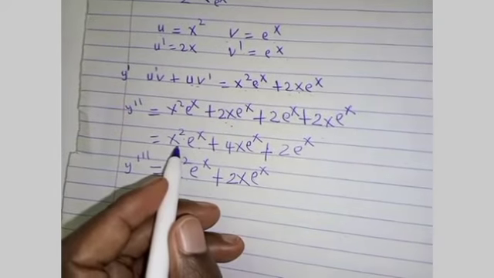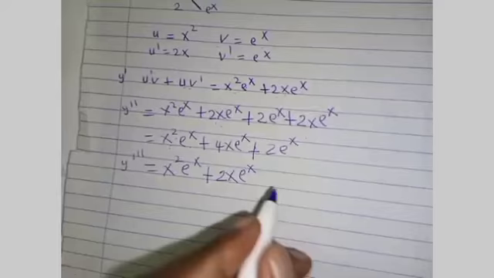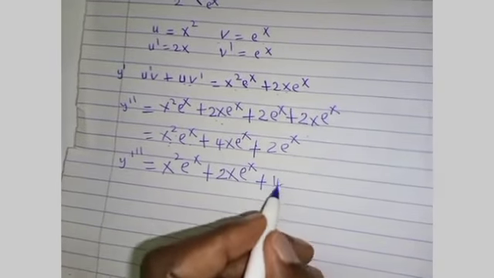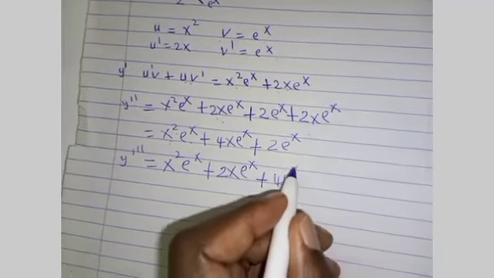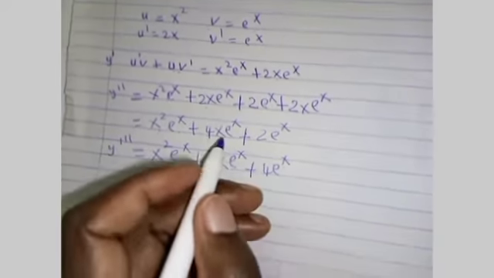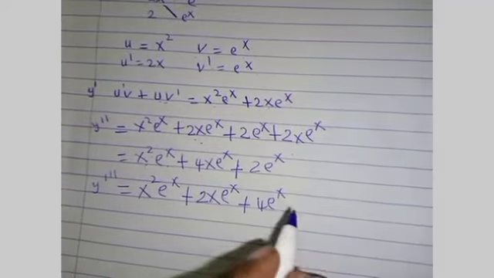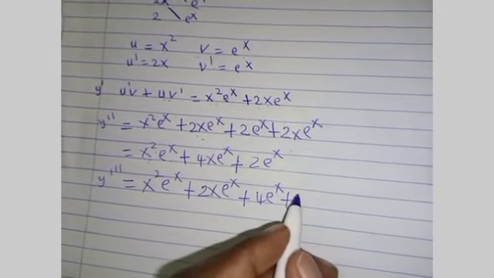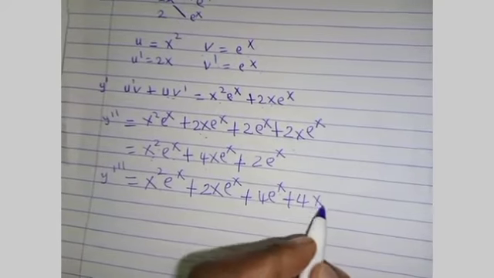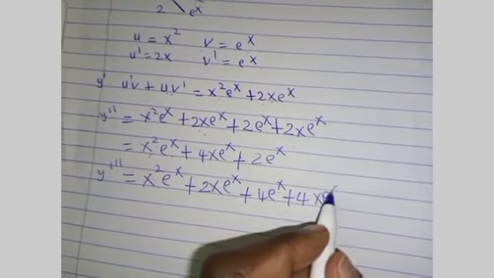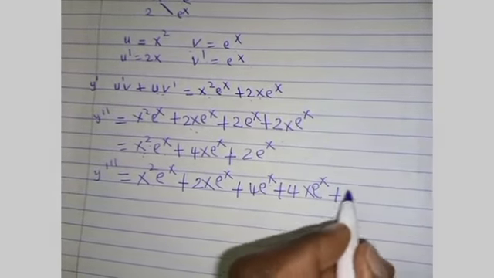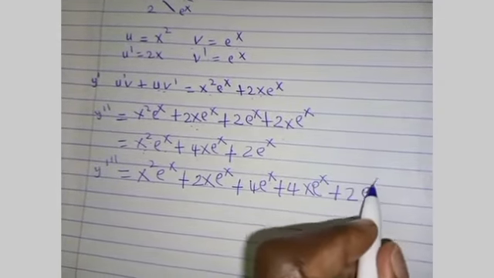We differentiate x squared to get 2x, we multiply by that, plus 4x exponential x, from differentiating 4x exponential x, plus 2 exponential x.